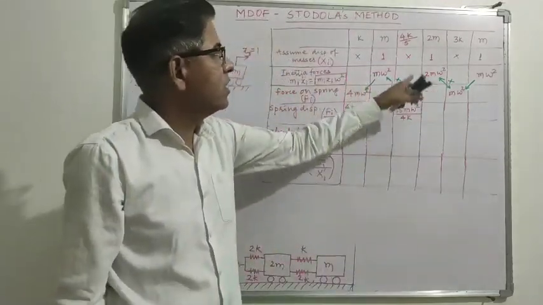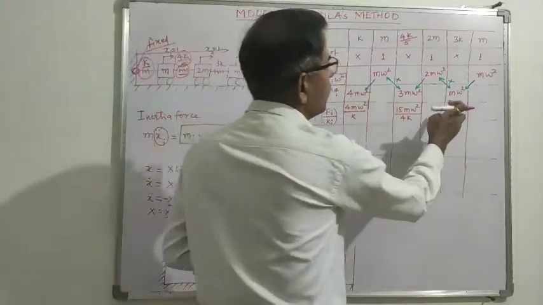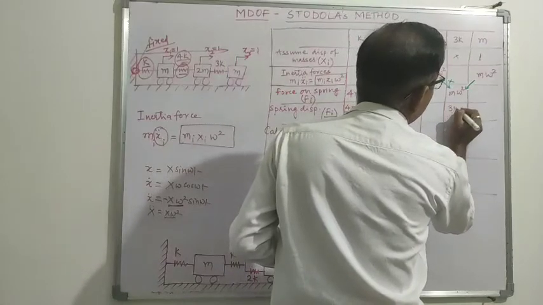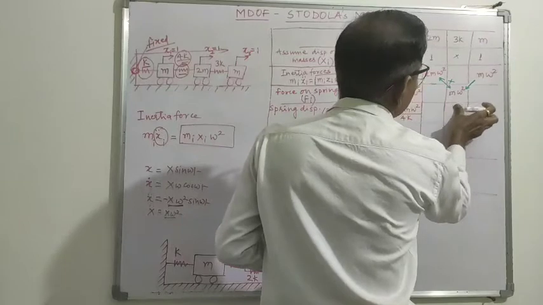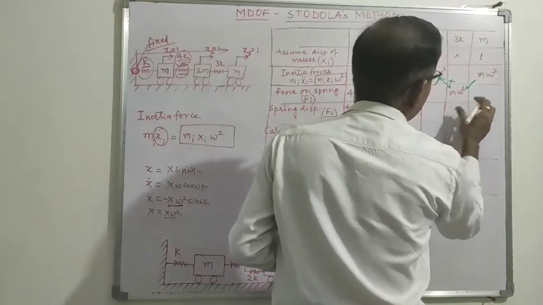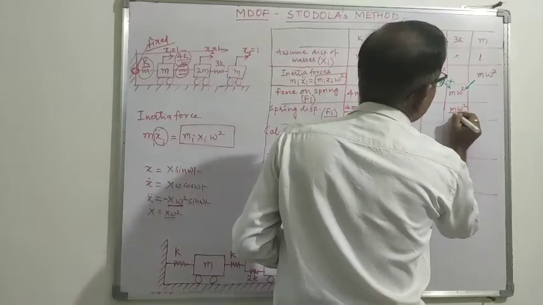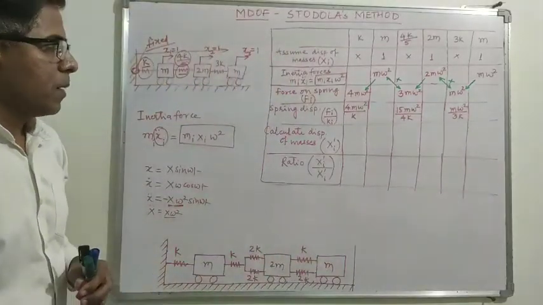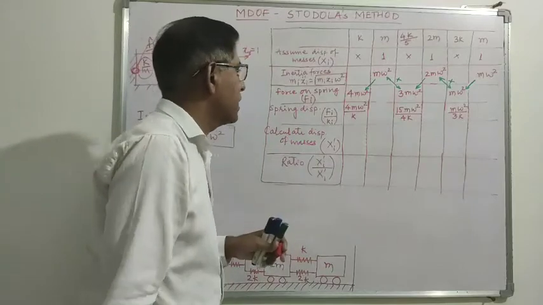So this divided by this will give you this value. Similarly, this force divided by 3k, so this becomes 3m omega square divided by 3k. Now calculate the displacement of masses.